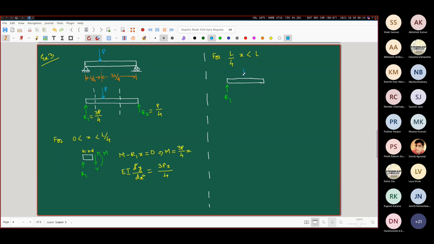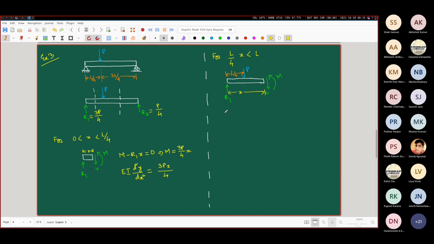I have my P over here, and just like before, I'm going to consider the internal shear force and the internal bending moment like this. Please note that now my x is this entire x, and this portion remains L by 4. Now again, I want to find out the expression of the M here.